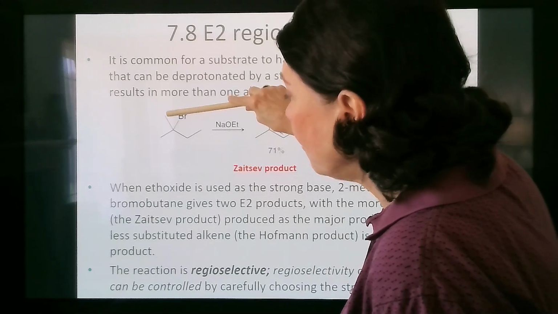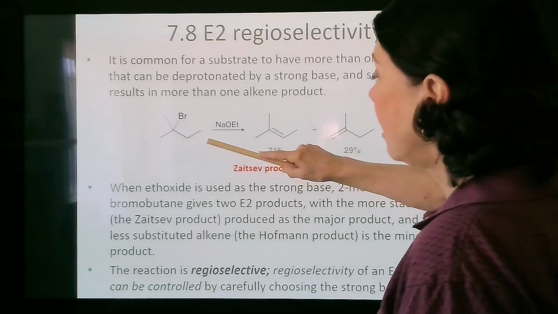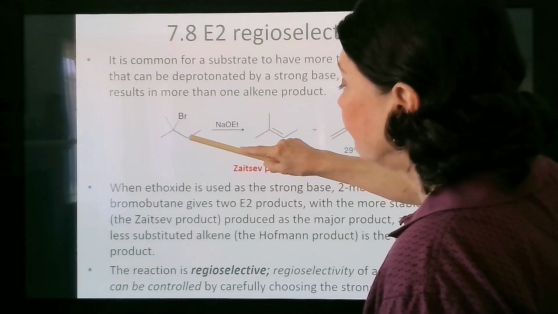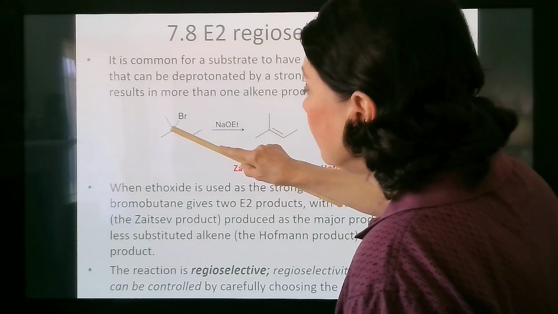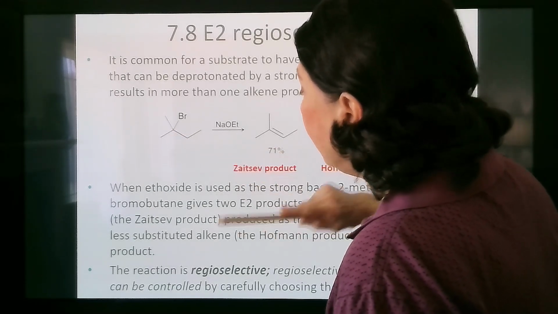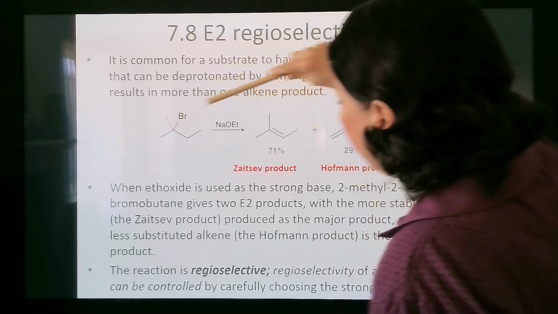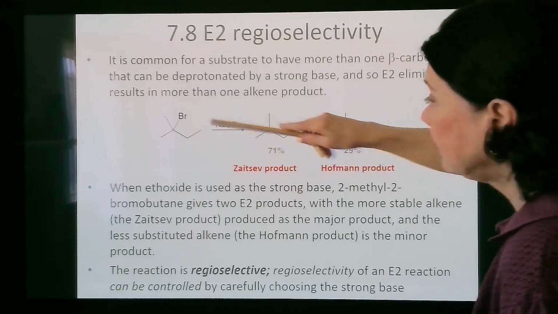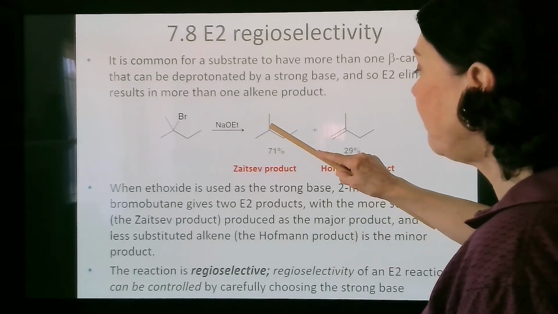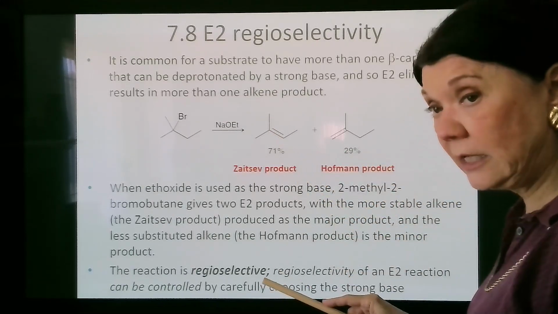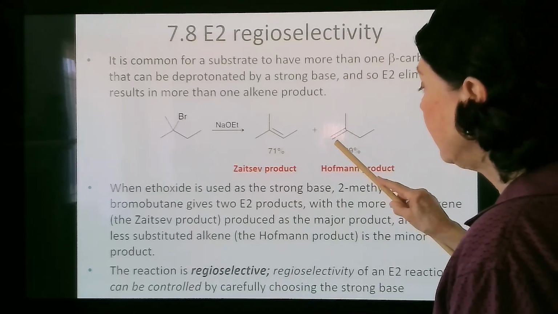It can pluck off a proton from this CH3, or it can pluck off a proton from this methylene, the CH2. If it plucks off a proton from the CH2, the double bond will be formed here. If it plucks off a proton from the CH3, the double bond will be formed up here. And you can see that these two methyl groups are equivalent. So you can form the double bond here internally. This is an internal double bond. This is an external double bond.